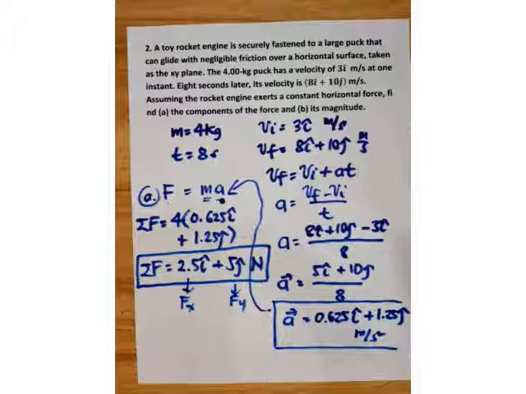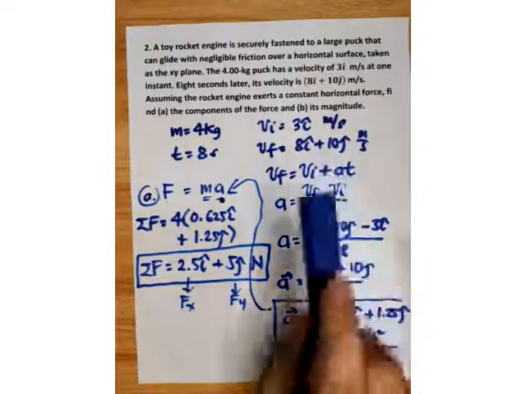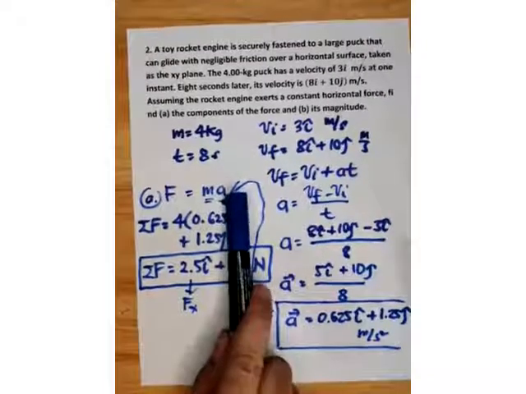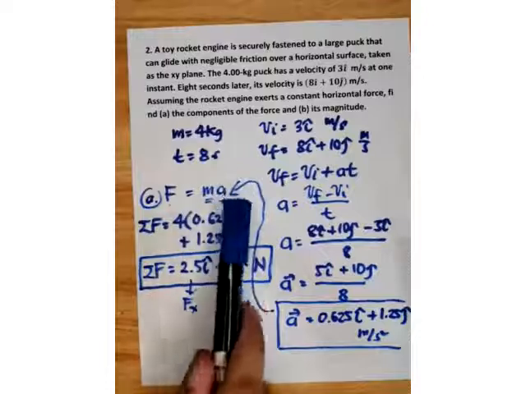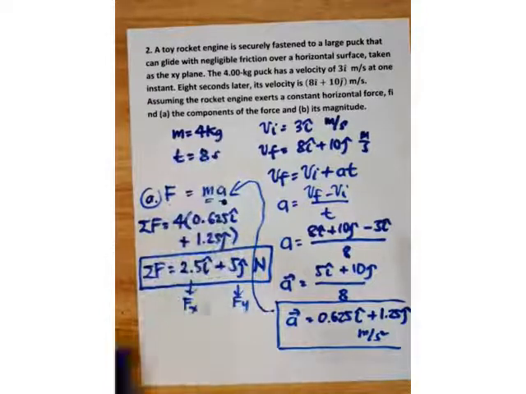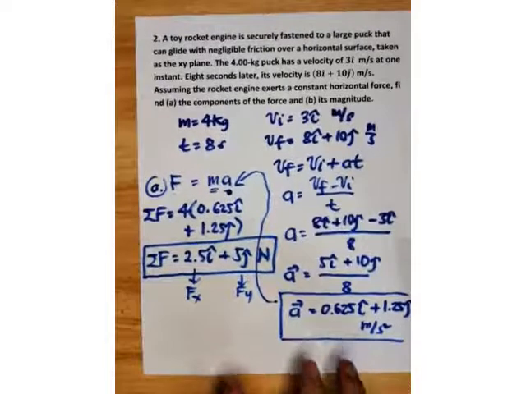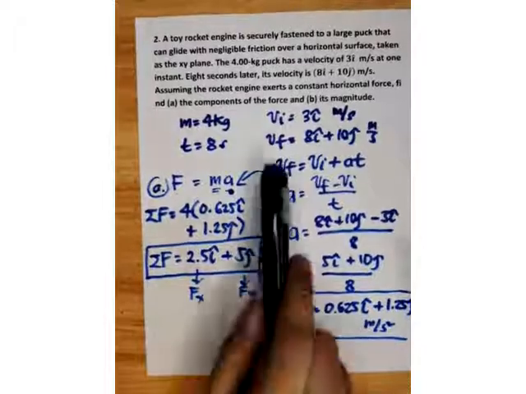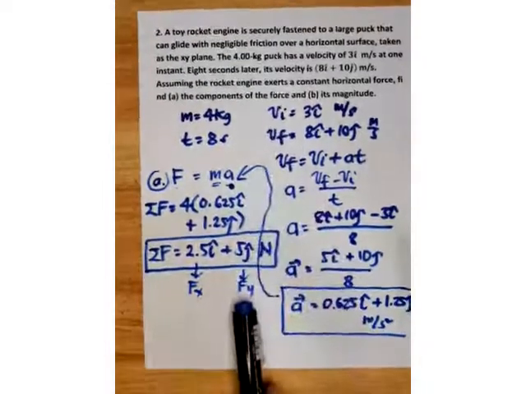So we got the acceleration through the kinematics formula. After getting the acceleration, we apply it to the second law and multiply the acceleration by 4 to get the net force applied to the toy rocket engine. So the components are 2.5 for F of x and 5 for F of y.